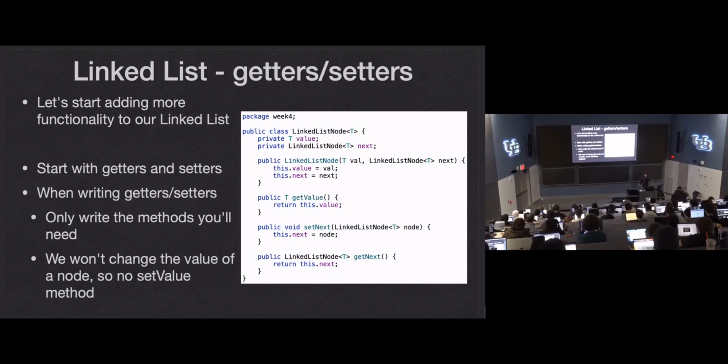I don't want people to be able to change the value of the node. This will become more important when we get to trees. Trees are also node-based data structures. And we don't want that value changing for our specific application that we're going to have. In programming task 6, you're going to be using a tree to sort songs.